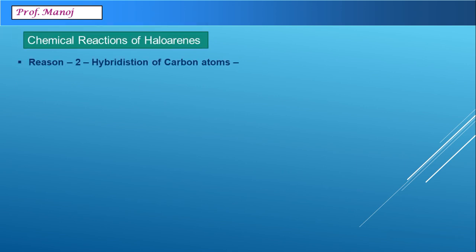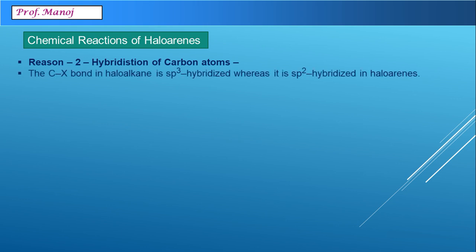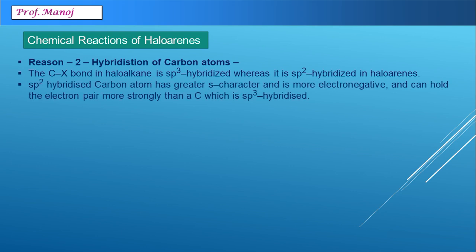Let us see reason number two. A big difference happens once it comes to the carbon atoms. Carbon of haloalkanes, as we know, is sp3 hybrid, while in case of haloarenes, it is sp2 hybrid. In sp2 hybridization, there is a greater percent of s character. It is more electronegative and it can hold the electron pair more strongly than sp3 carbon.